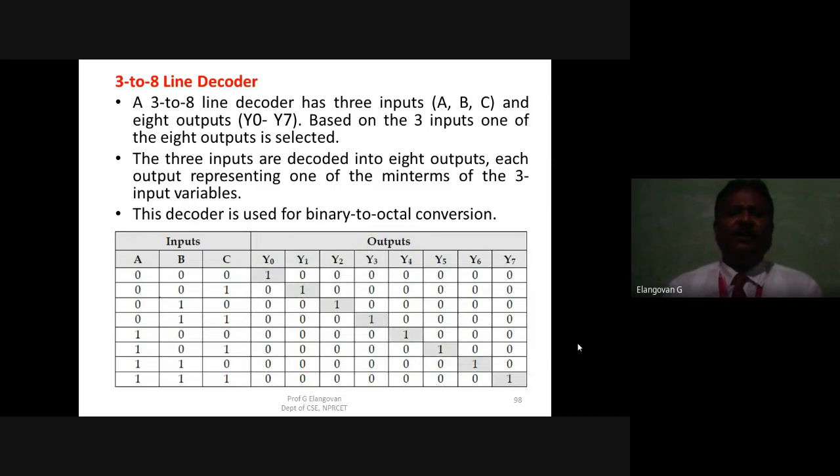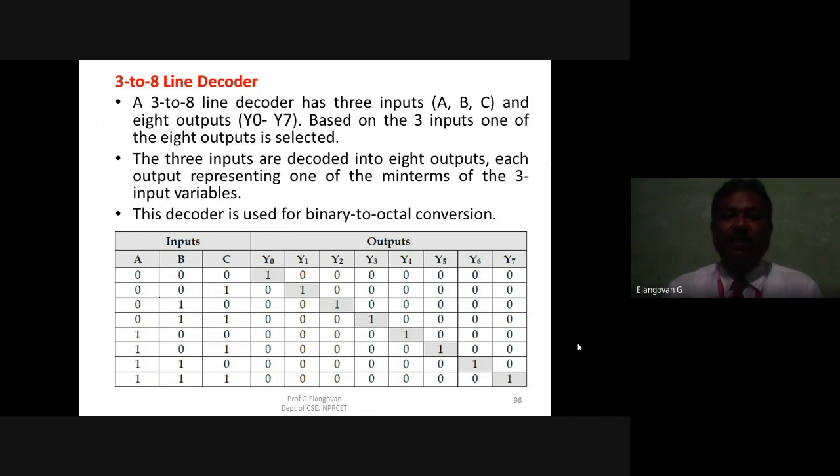For the inputs A, B, C, and for the convenience of understanding, we have removed the enable input. If all the 3 inputs are 0, Y0 is 1. So Y0 is going to be the AND of A dash, B dash, and C dash. And similarly for all the outputs. Each output is going to be high level only one time.